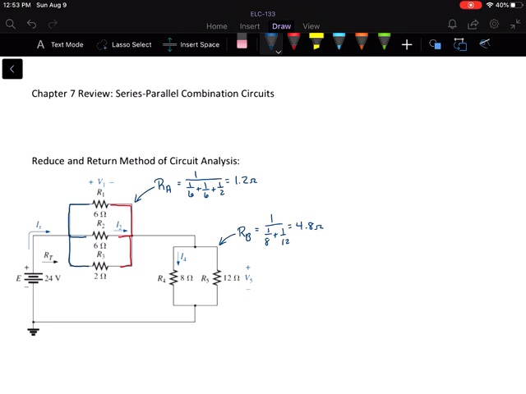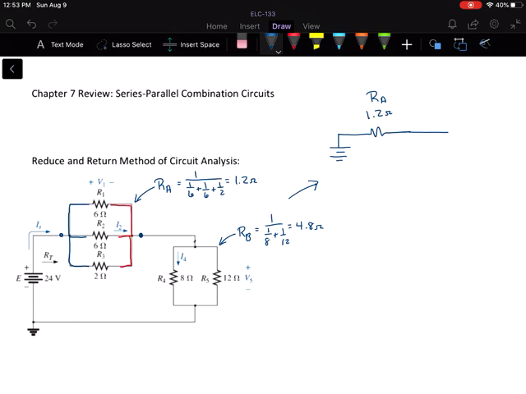Now, one of the most important things you can do with the reduce and return method is that you will redraw your circuit at various points. So I'm going to redraw my circuit. This time I have RA, which is my 1.2 ohm resistor. So what I did was I took off the 3 resistors and I put RA right back there.